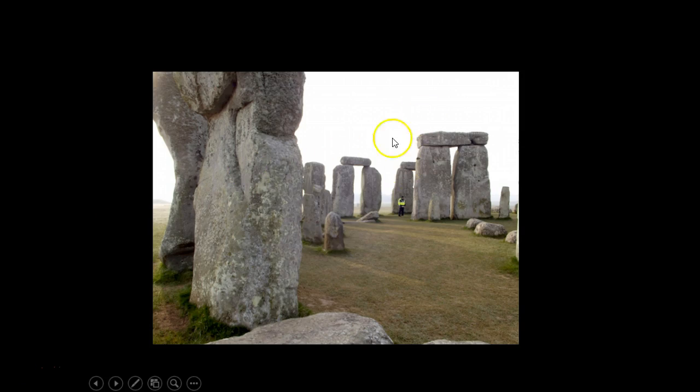Here you really get a better understanding of this post and lintel structure of architecture I've talked about. So here are these really large or megalithic, that's one of your vocabulary words, stones supporting this sort of horizontal lintel, so post and lintel. And you can see by adding many side by side, it really can expand the space.